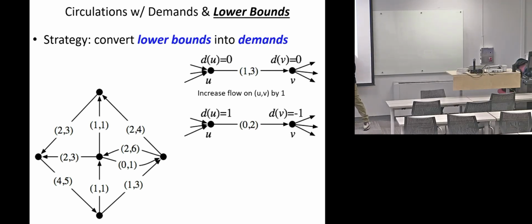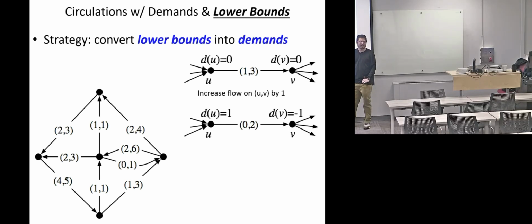Because I cannot force myself to send flow here from U to V. So in order to find some flow that allows me to actually send from U to V, I just say to some smart guy, okay, find some flow, whatever you can, such that this guy receives 1 unit of flow, and this guy I need to send out one unit of flow. And if some guy finds such a flow for me, then now I can really send flow from U to V.